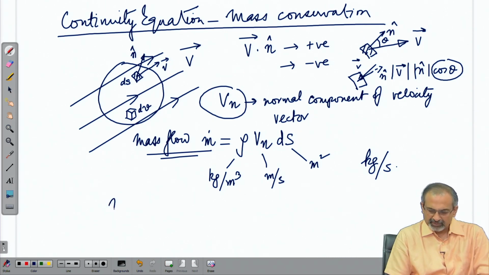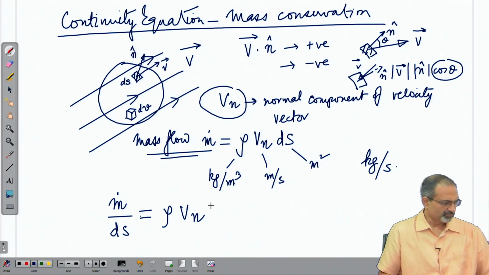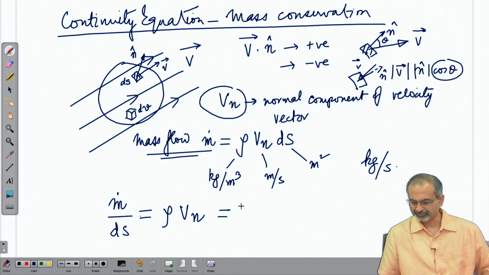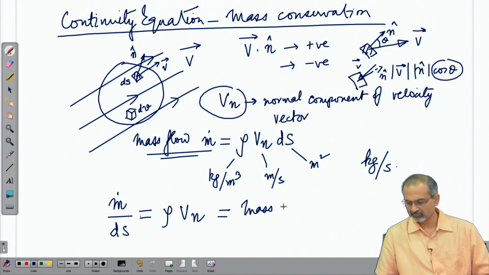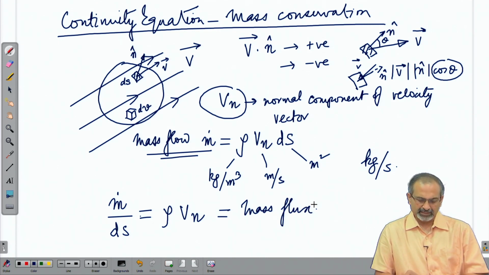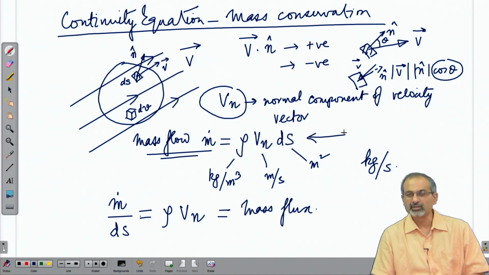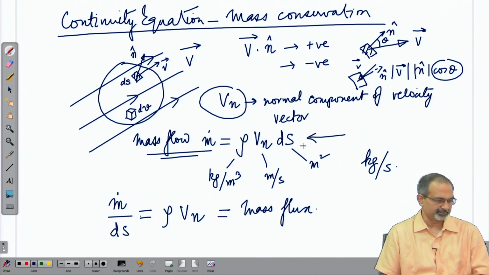A related parameter is m dot by dS, which gives you rho V n, and what is that? It is the mass flux. So, instead of the elemental area, if you decide to define it for the complete area, then you actually have to take contributions from all the elemental areas and integrate them.